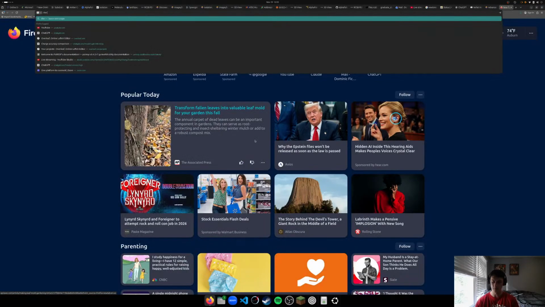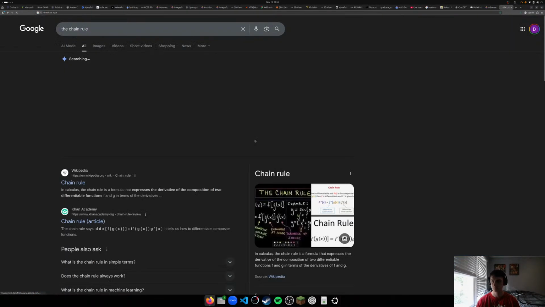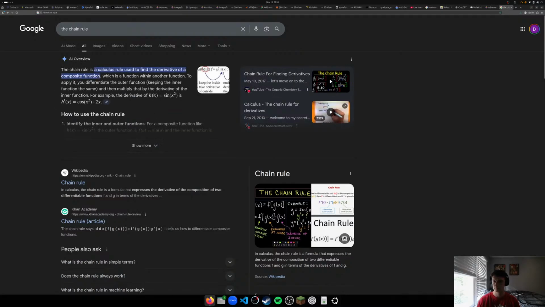So what is the chain rule? A function within another function. For example, the derivative of sine x is cosine.